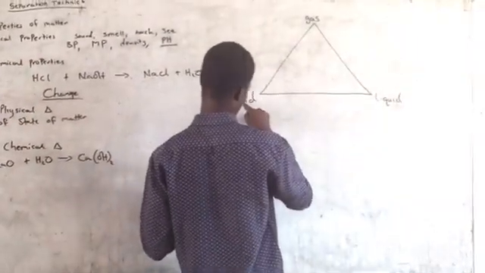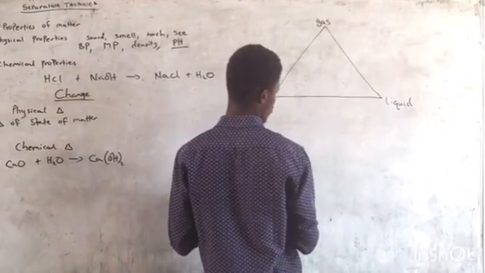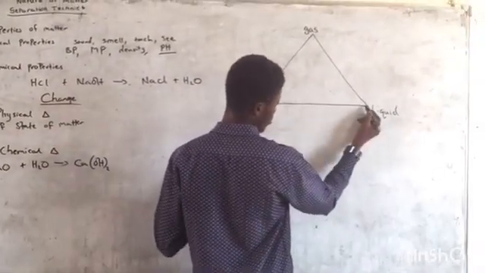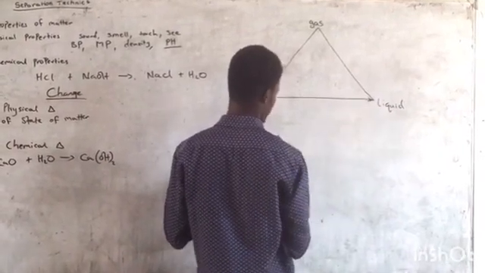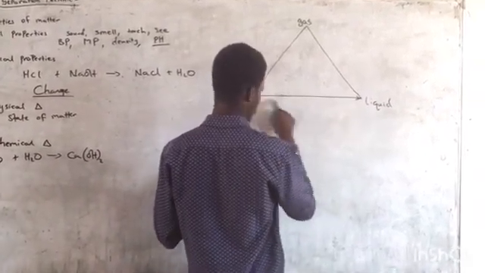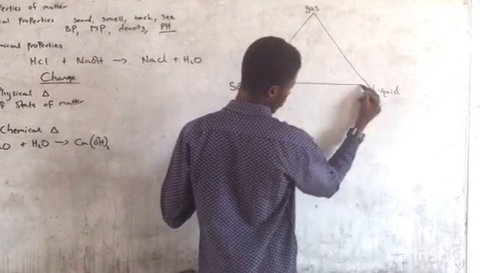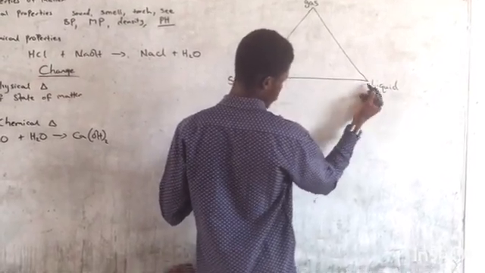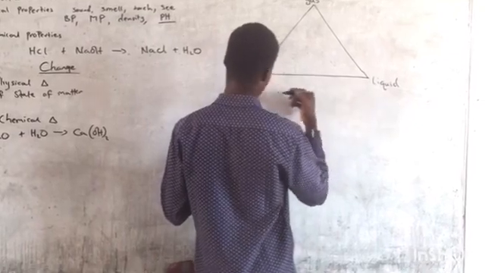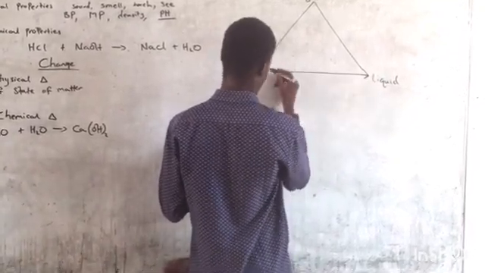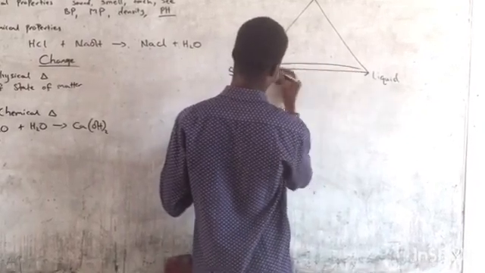So when solid is changing to liquid, we put the arrow this way. Let me put the arrows like this because I have two arrows, whether it's going there or coming back. Let's say it's going here through this place and coming back through this place.